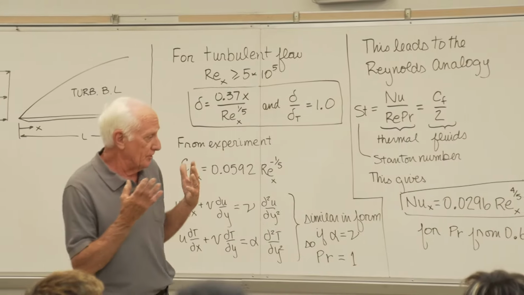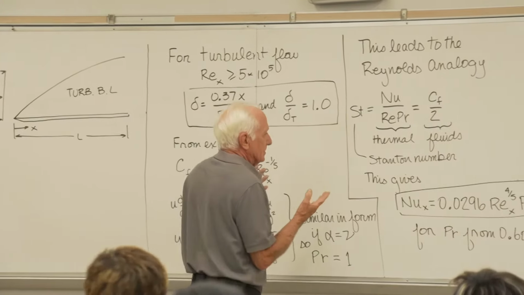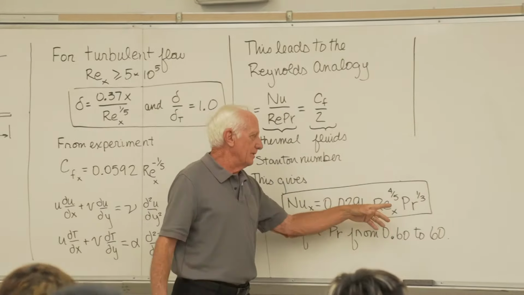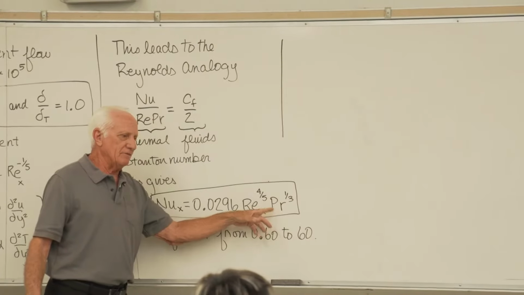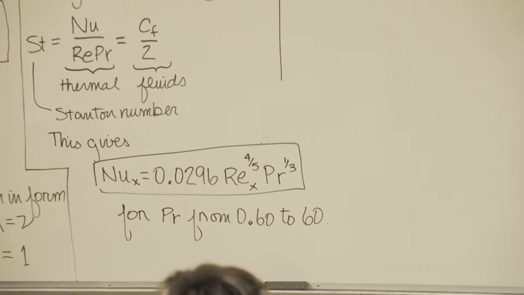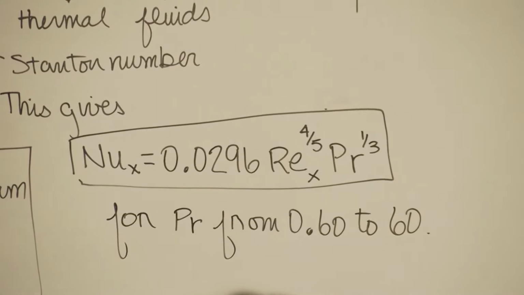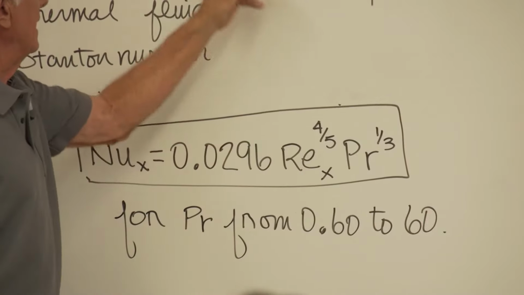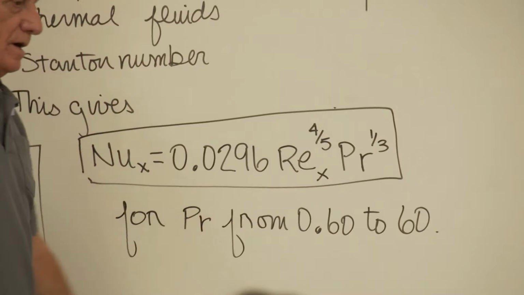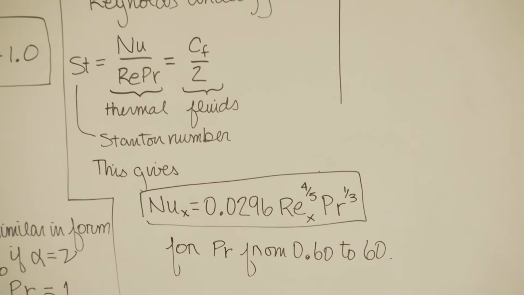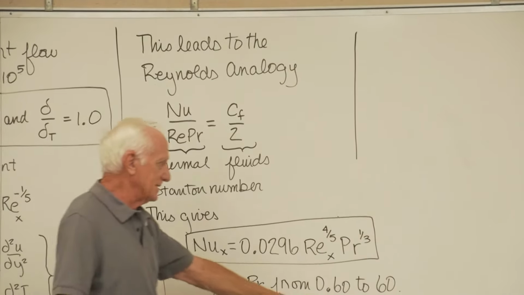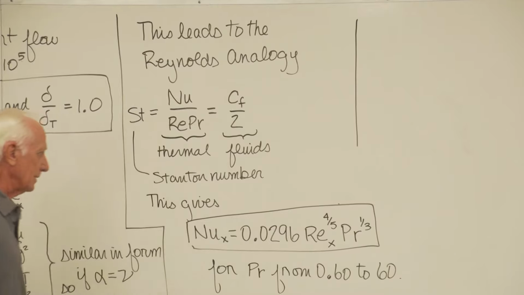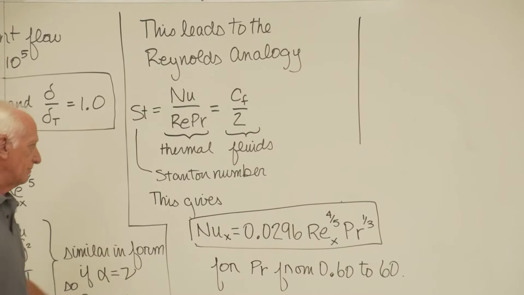So what do we do then if the Prandtl's not equal to 1? The author says we throw in a correction factor. So we put this guy on the end of it to correct for property variations, Prandtl to the 1/3. So this came by modifying this thing for property variations. Now it's good for Prandtl number from 0.6 to 60. Okay, so that's the range this equation is good for.